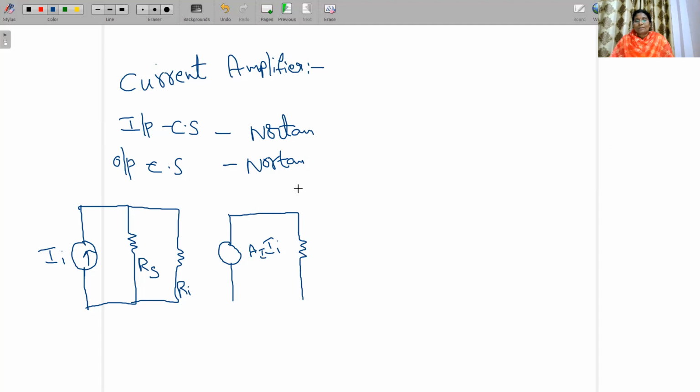And then that will be in parallel with RL, that is in parallel with R naught, or AI into IA, that will be in parallel with R naught, and then this is RL.